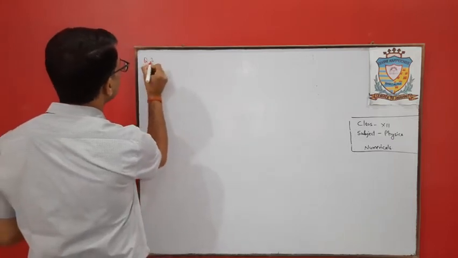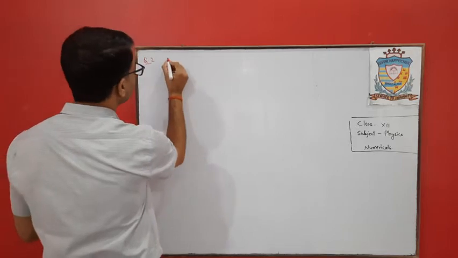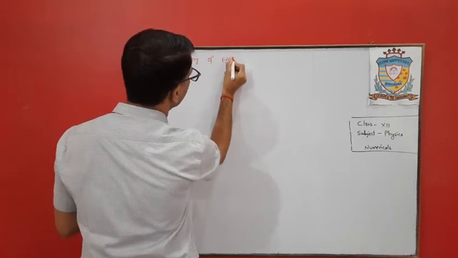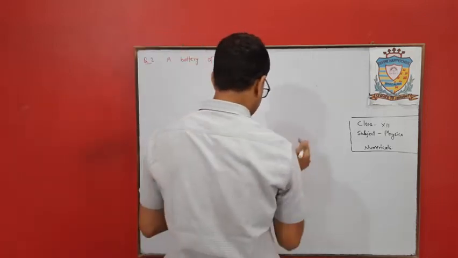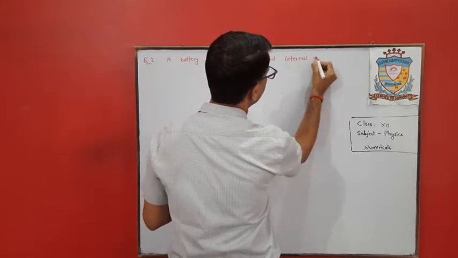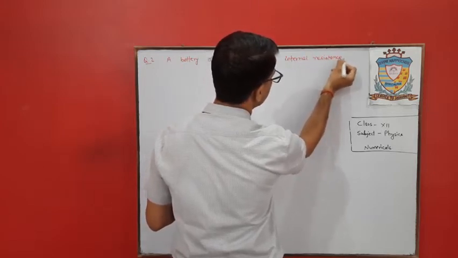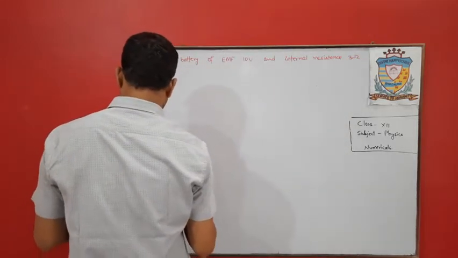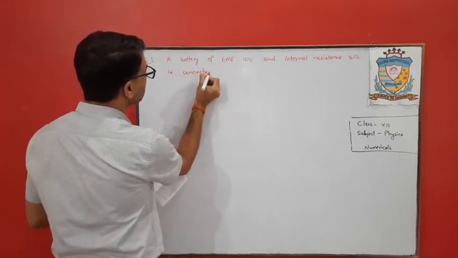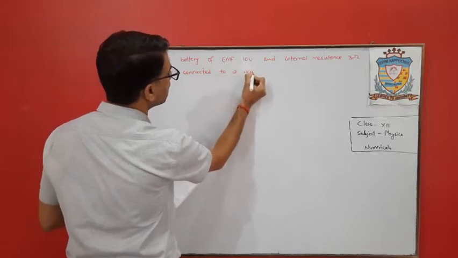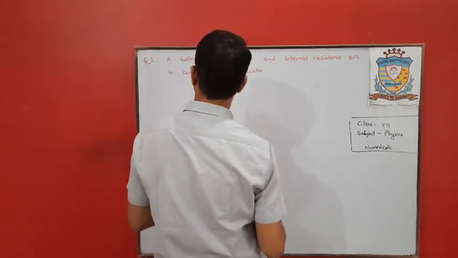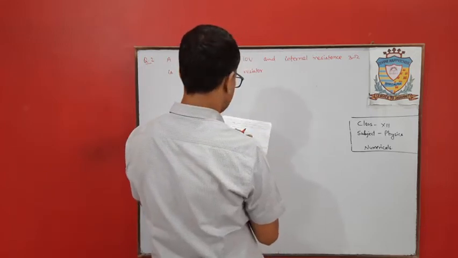Question number 2. A battery of EMF 10 volt and internal resistance 3 ohm is connected to a resistor.